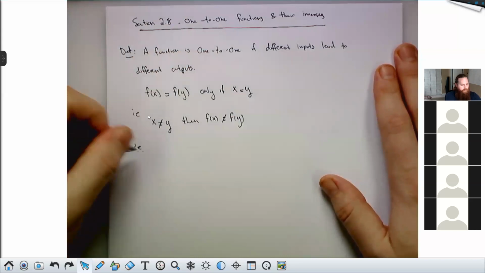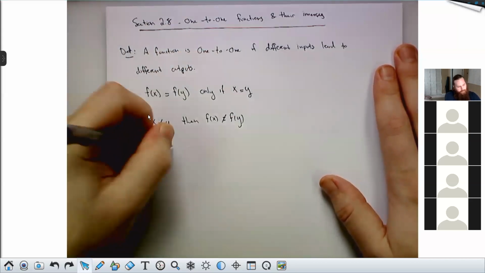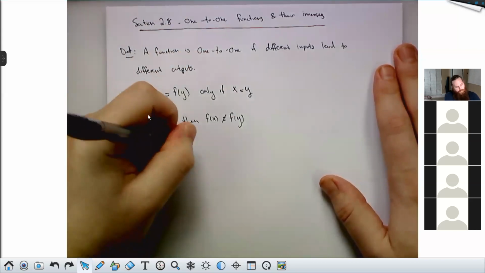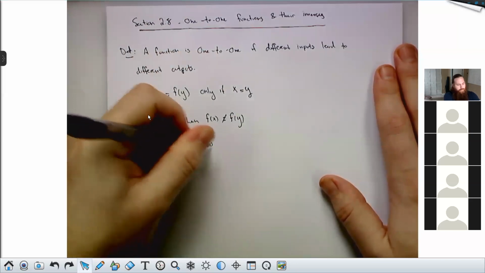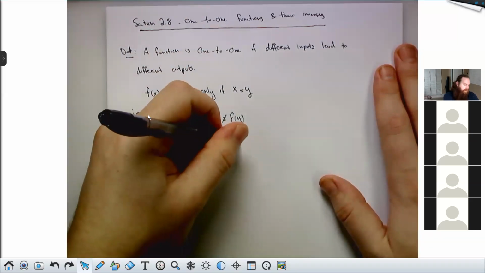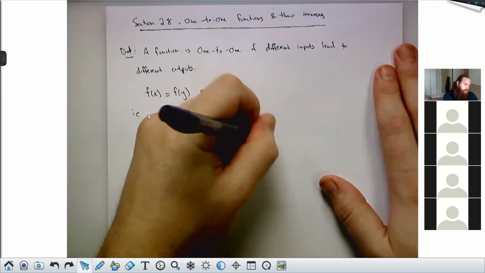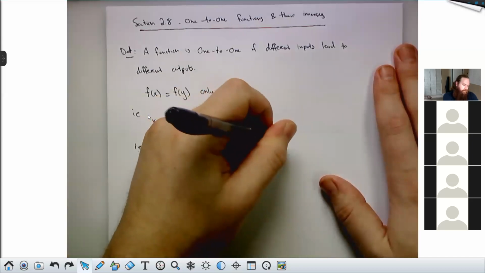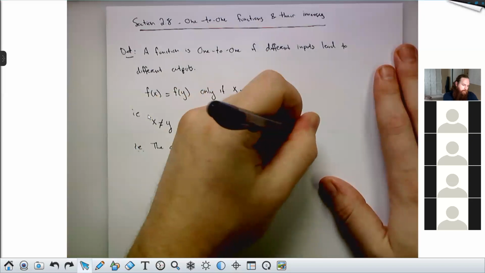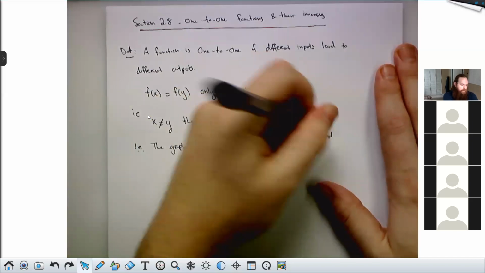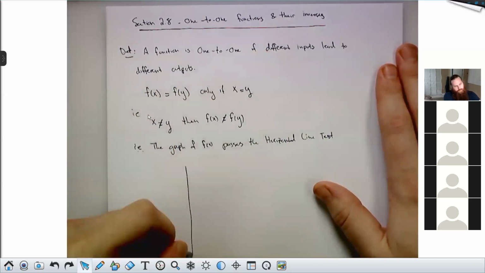A third way of saying this is the graph of f of x passes the horizontal line test. Which is this.